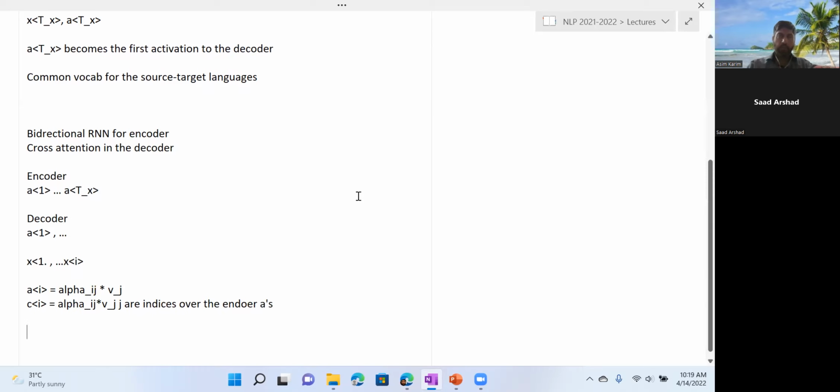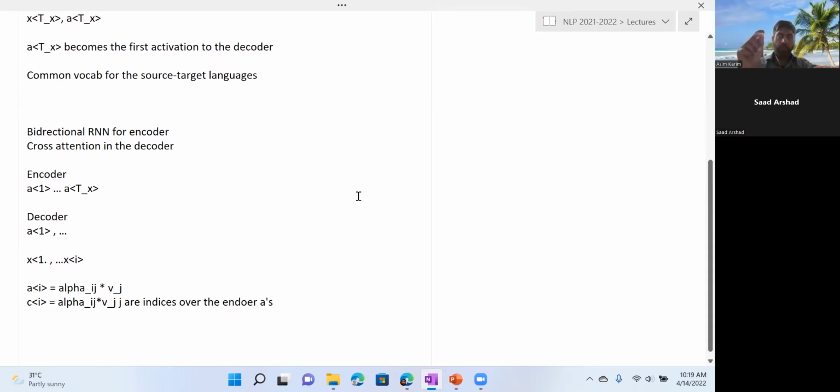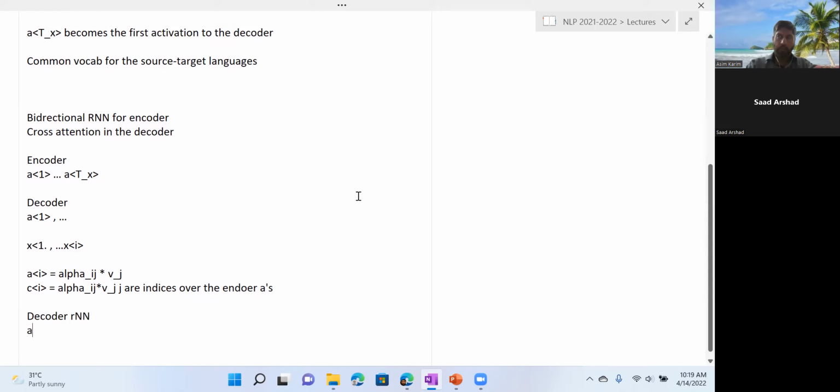Okay. So once you have this, if you include this, then the decoder has just one new element. Remember, in the standard RNN, decoder RNN, you had Ai, the output of some activation function g of Wax, right? So Waa into Ai minus 1 plus Wax.